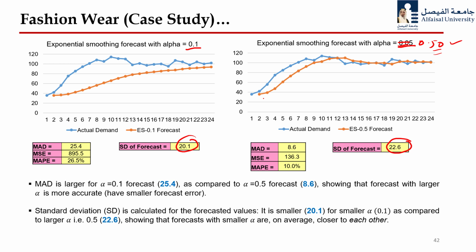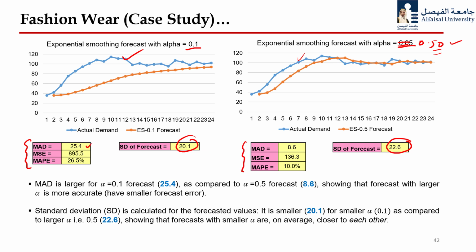But for this particular data set, if we would like to see which alpha value is more appropriate in order to predict this actual data set, we are going to compare these measures of forecast accuracy.